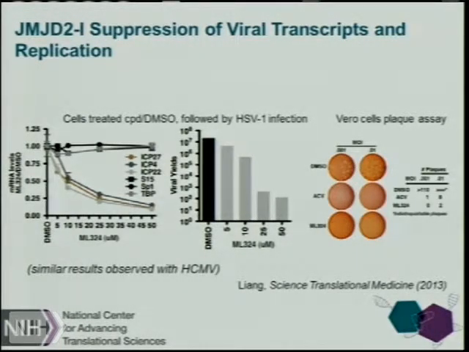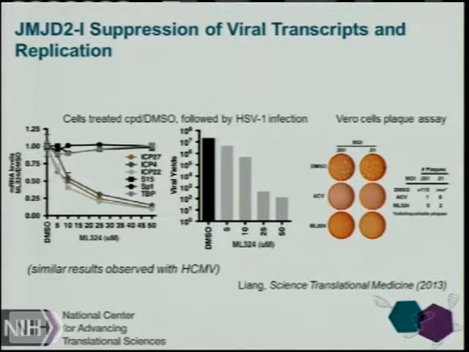Adding the Jumonji-demethylase inhibitor to cells infected with herpes simplex virus 1 leads to a reduction in transcription of exactly the immediate early genes as expected from this hypothesis of utilization of the host machinery.